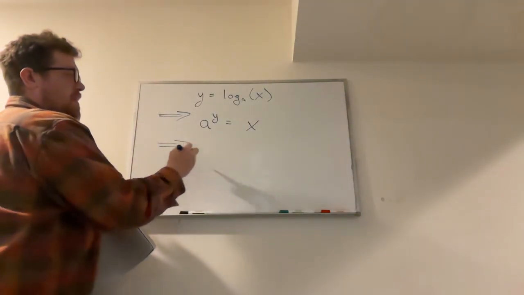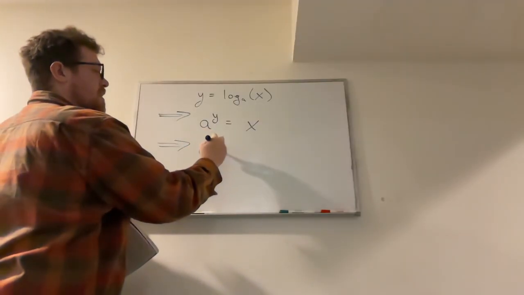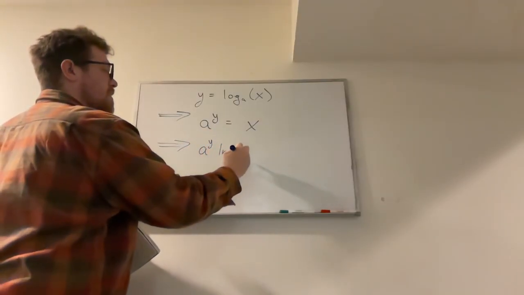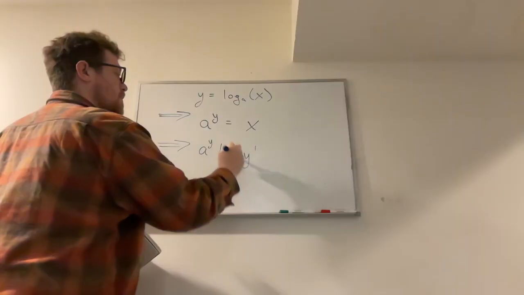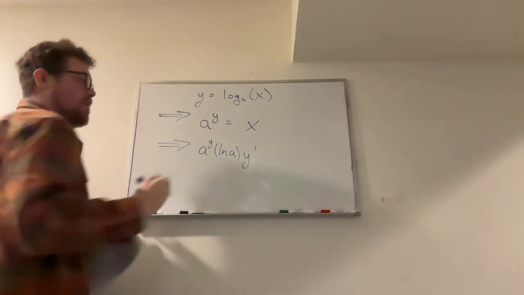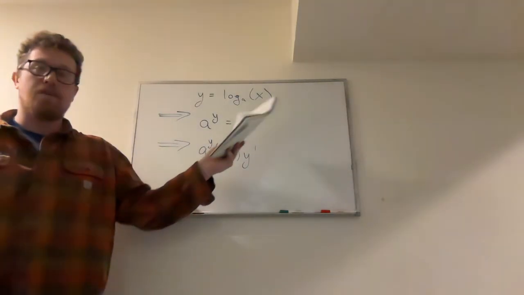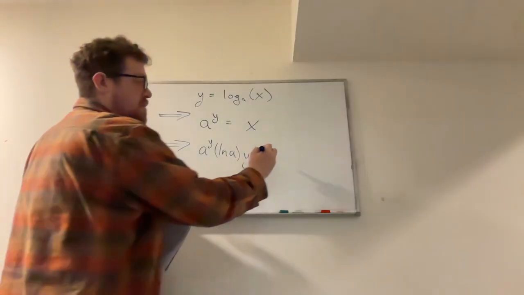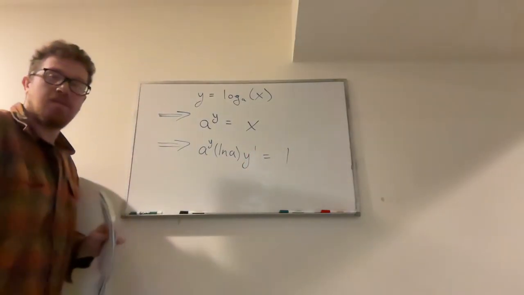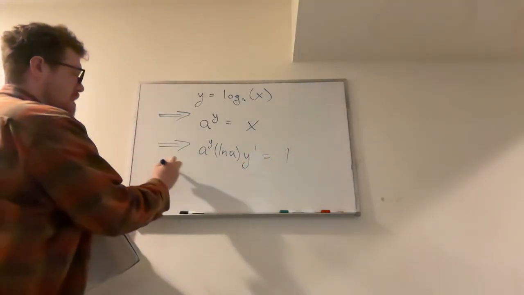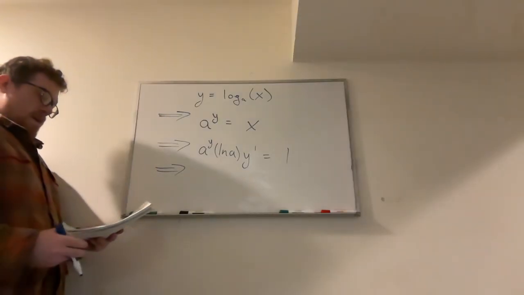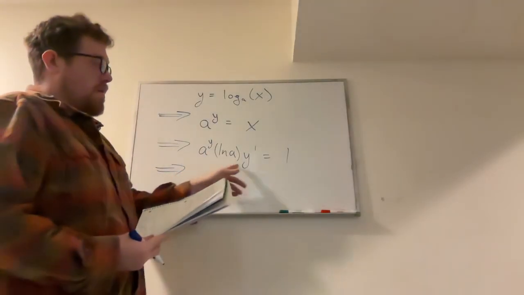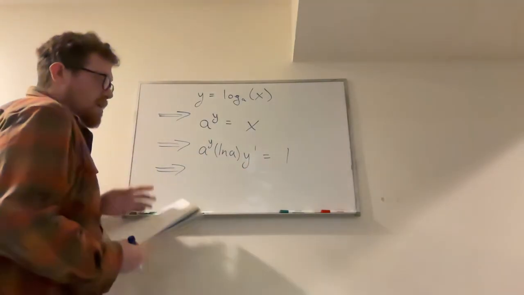So the derivative of a to the y is a to the y log a y prime. And the derivative of the right-hand side x is, again, just 1, with respect to x. And now I can move everything that's not a y prime to the other side.